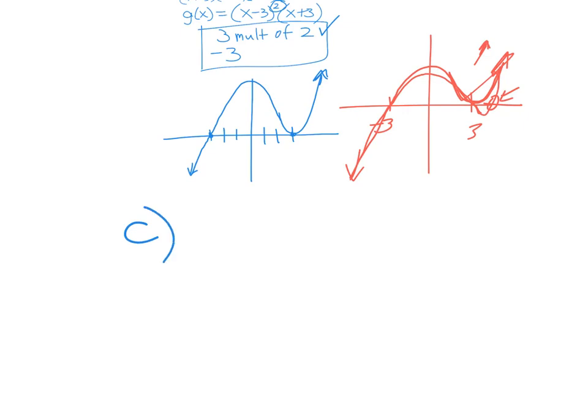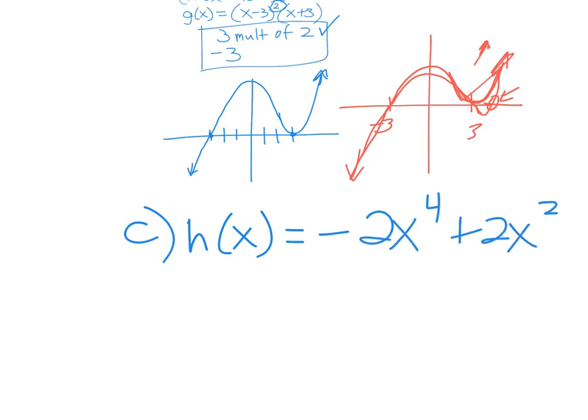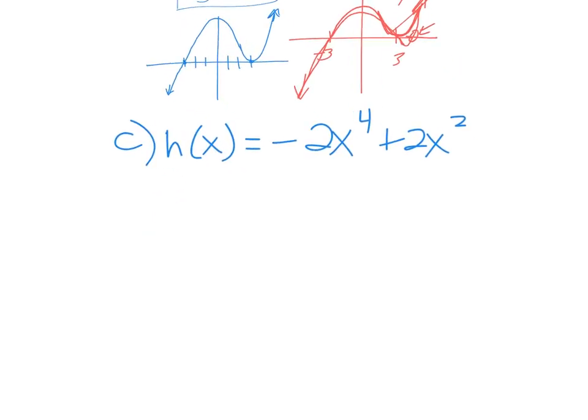Let us see. Okay, let's do this one. We'll call it h of x. H of x equals -2x to the 4th plus 2x squared. Okay. All right, so this is a negative even. So I know that it's going to fall left and fall right.